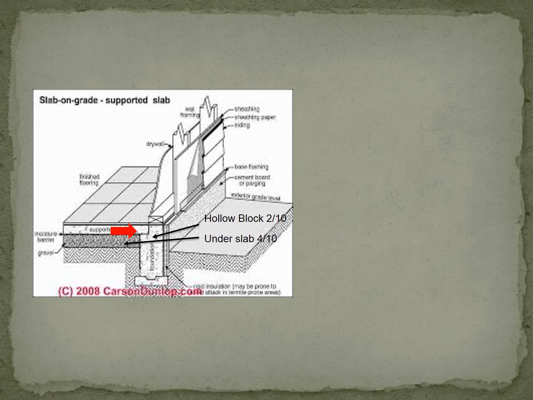The first one at the top says hollow block 2 per 10. This is where you would drill from the outside into your hollow block and treat the block itself with 2 gallons per 10 linear feet. Underneath that's a second black arrow where you can see that it shows an under slab treatment. So now you've drilled all the way through the hollow block under the slab, and you're going to treat underneath that slab at 4 gallons per 10 linear feet.